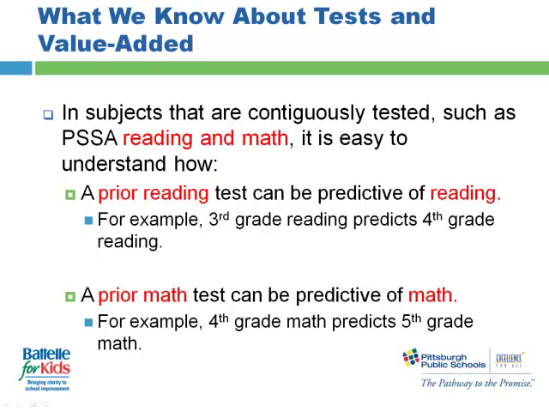For example, both prior reading and math are used to predict 4th grade reading. Both prior math and reading are used to predict math. However, math can also be predictive of reading, and vice versa. By using more than one test, the estimate is more stable.